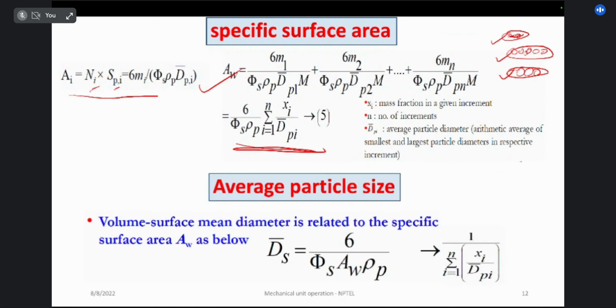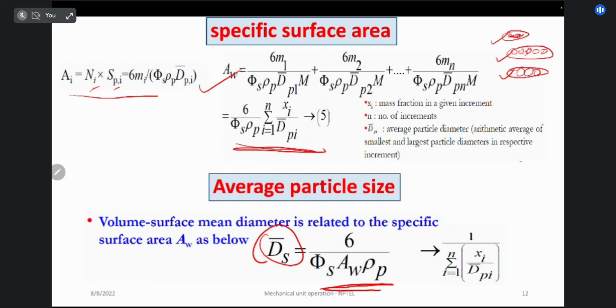Now if we talk about the average particle sizes on the basis of volume, surface, mean diameter, this is one way to find a specific surface area. When we talk about the average particle size, volume mean diameter is another way to calculate the diameter. I am not deriving any of the equations in this session. You just have to note them down, and there are many different kinds of diameter which we follow.